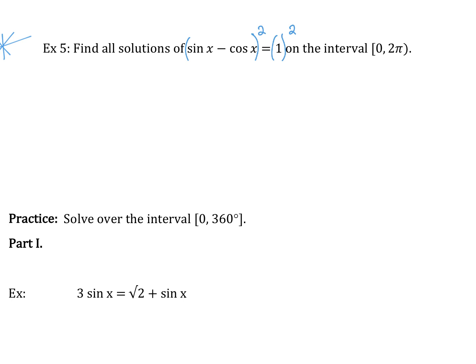And if we square 1, we know we just get 1. For the left-hand side, if we square that, we are going to have sine squared x. Here's the part most people forget. Minus 2 sine x cosine x plus cosine squared x.